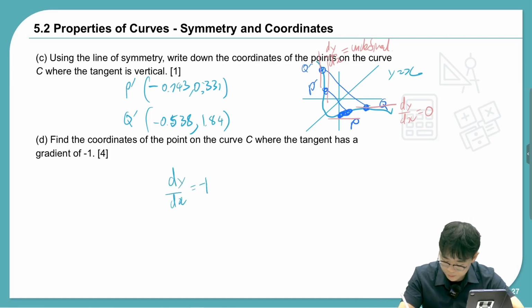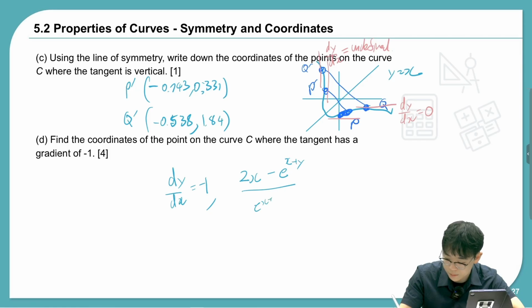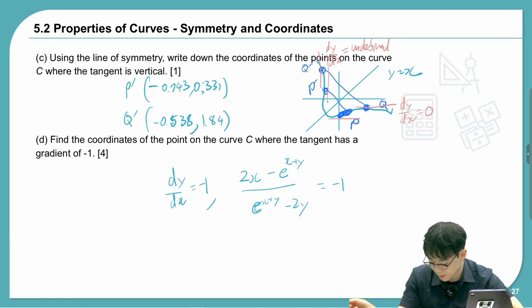So we want to look for dy over dx is -1. So from earlier, we said this expression was 2x e to the power of x plus y, over e to the power of x plus y, minus 2y. So we want to set this equal to -1, and we would just solve for this, right?